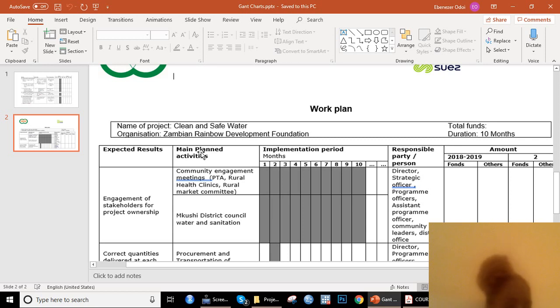For instance, if you wanted to do some work at a community school, the first thing you would do would be to schedule a meeting with teachers and headmasters. Maybe if you want to do something with sports, the teacher that teaches sport, so that would be costed as an activity, just like an initial meeting before you start to have sporting activities with the school. So you are able to budget that specific activity.